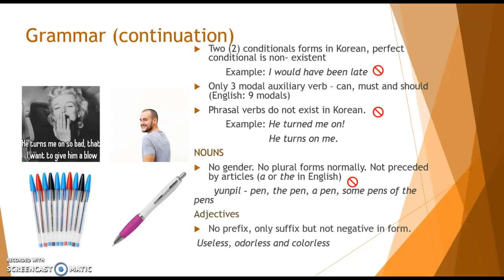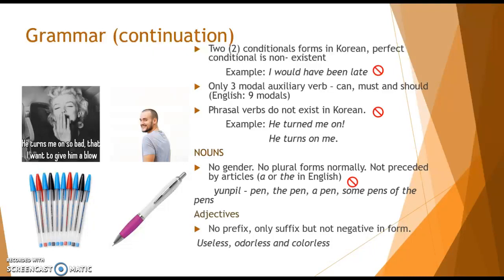So "I would have been late" in English may be difficult for them. There are only 3 modal auxiliary verbs, compared to English, which has 9. Phrasal verbs do not exist in Korean, so this can actually lead to confusion. "He turns me on" and "he turns on me."